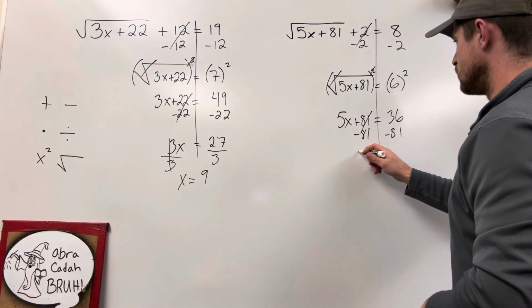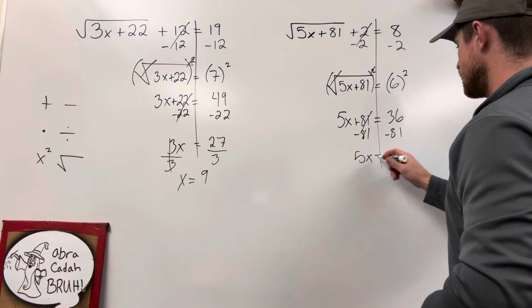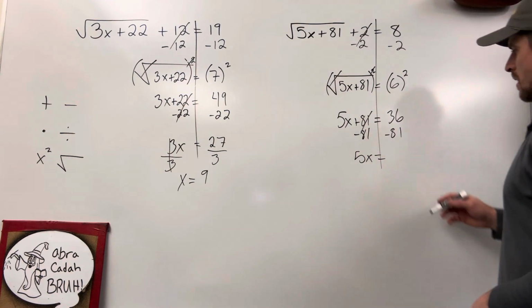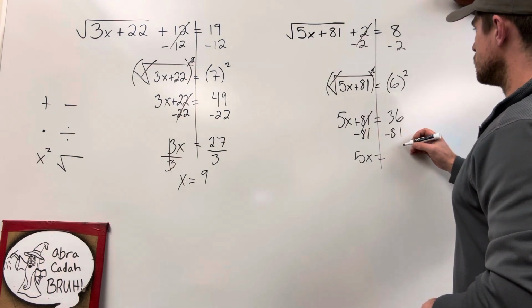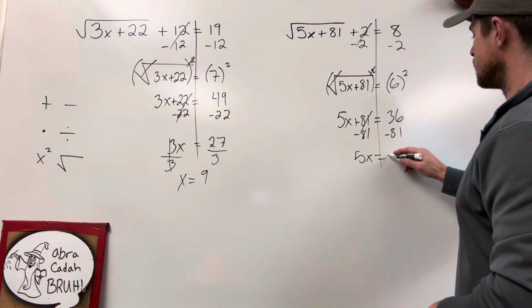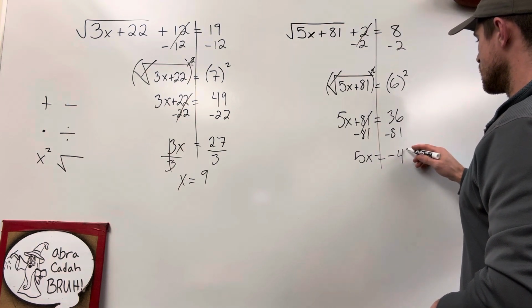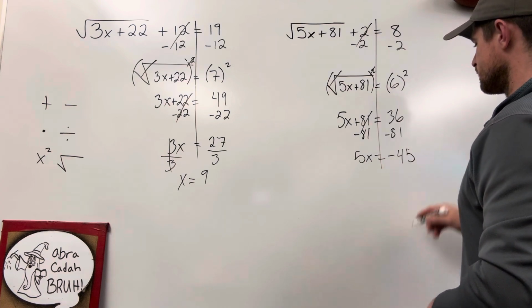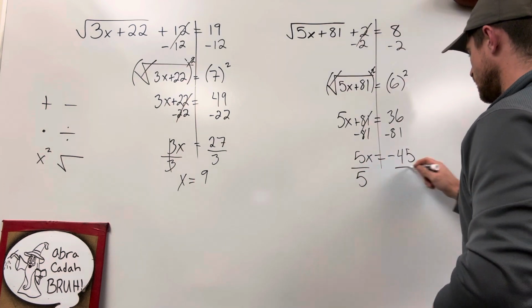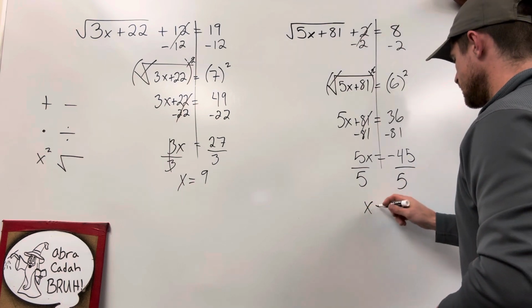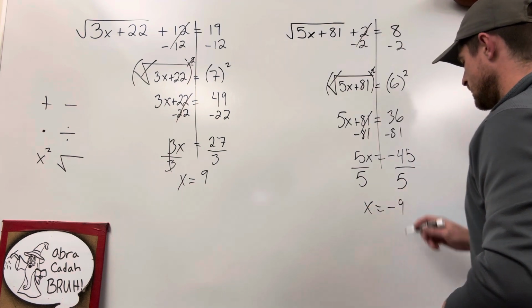That's going to take you to 5x equals 36 minus 81, negative 45. Divided by 5, divided by 5, x equals negative 9.